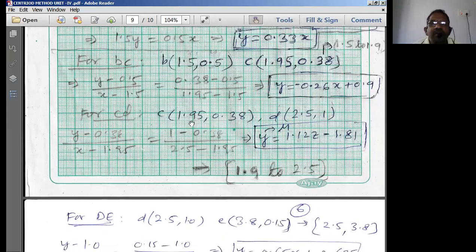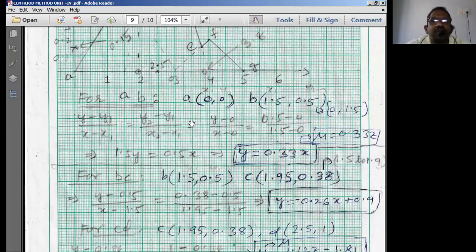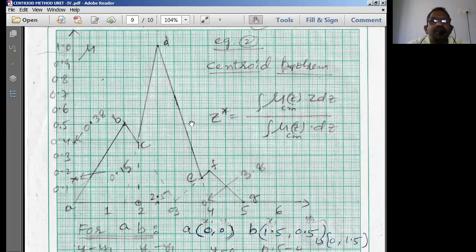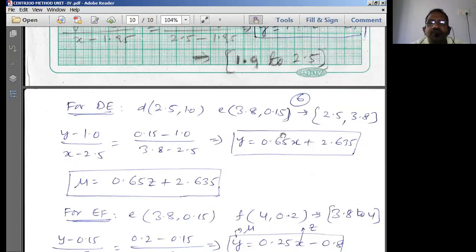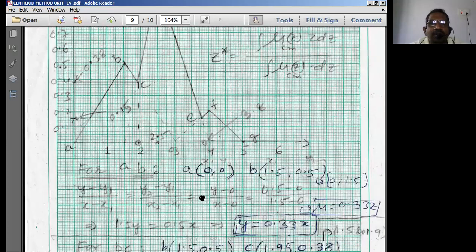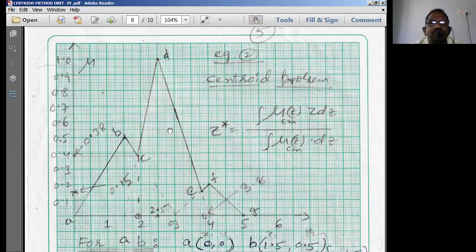Next, let us go for DE now. What is DE? See here, D's x coordinate is 2.5 and y is 1.0. E's x coordinate is 3.8 and y coordinate is 0.15. So we can simply substitute here, and it is extending between the limits 2.5 to 3.8.